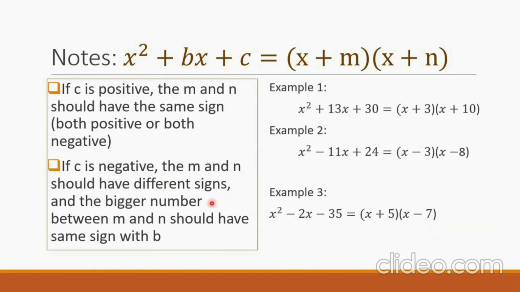And there is another clause here. The bigger number between m and n should have the same sign as b. So between the numbers 5 and 7, 7 is bigger, and because the sign of the b is negative, the 7 as the bigger number will have the negative sign also.